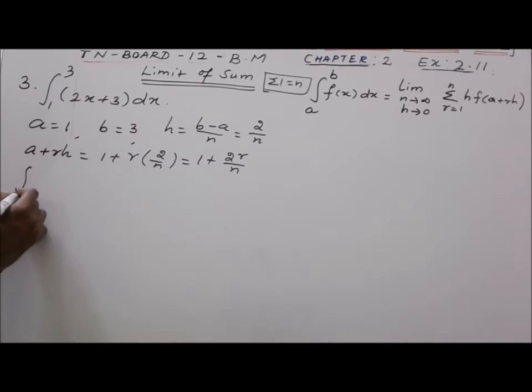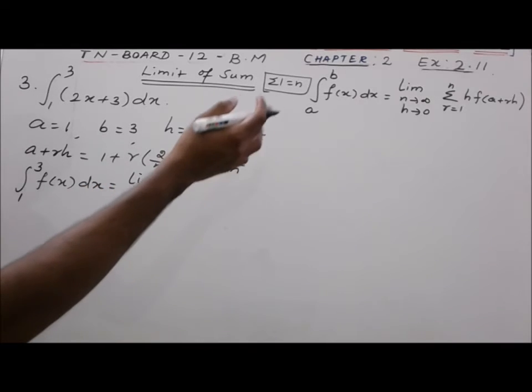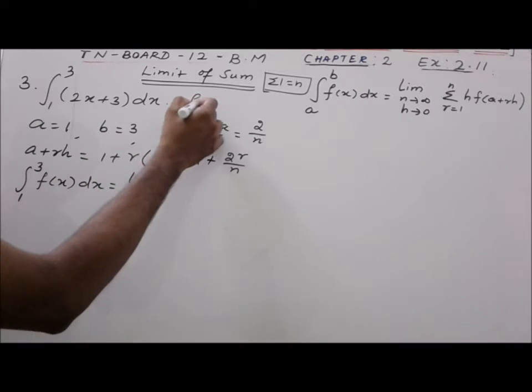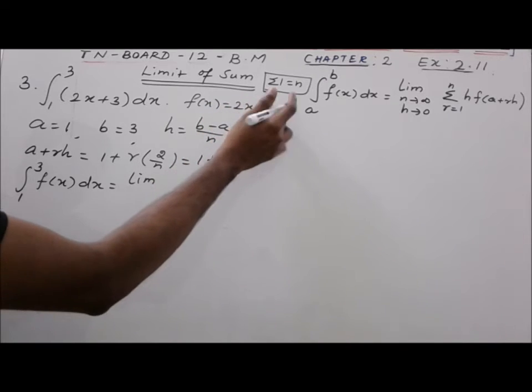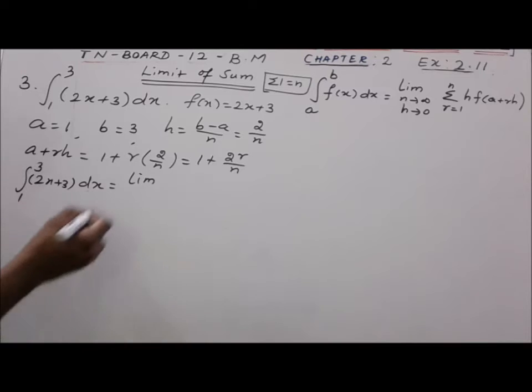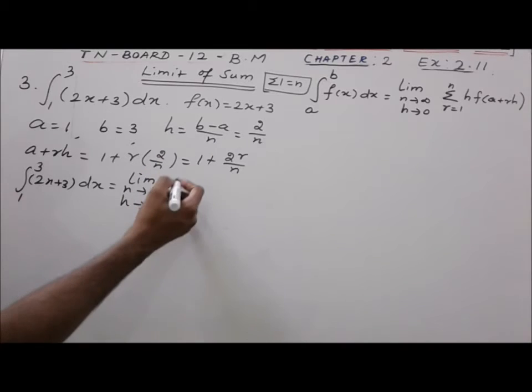The integral from 1 to 3 of f(x) dx is equal to the limit as n tends to infinity, h tends to 0, of the sum from r = 1 to n of h times f(a + rh). Here f(x) is 2x + 3.